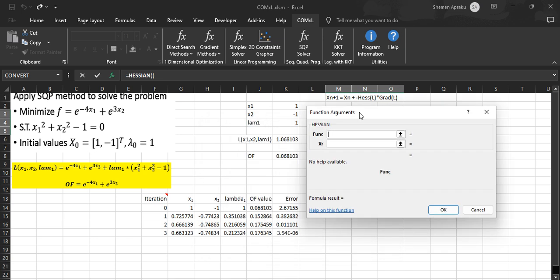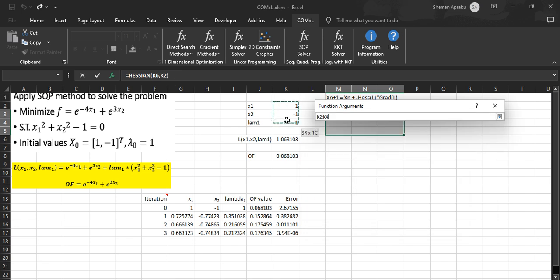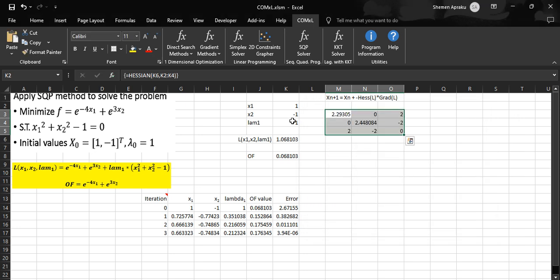And I put my Hessian. It will ask for the function itself, and that's our Lagrange function. It asks for the cells containing the starting point. So it asks for this. And since it's an array, we fill in the result by holding Ctrl Shift and Enter.